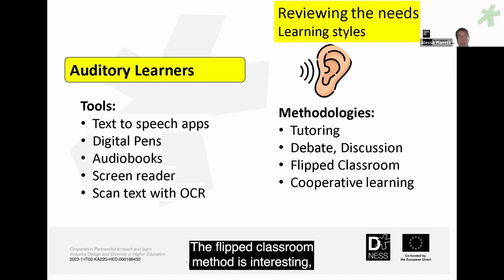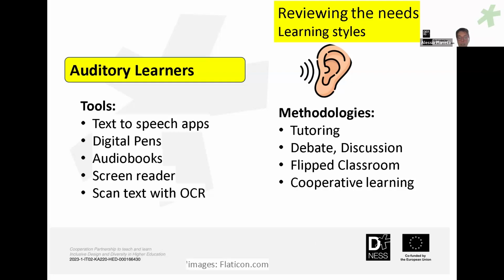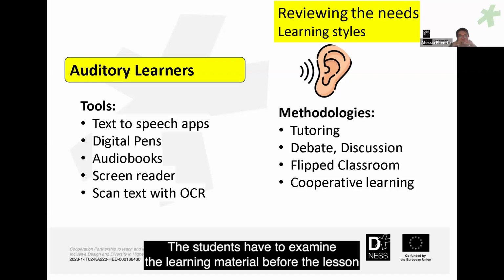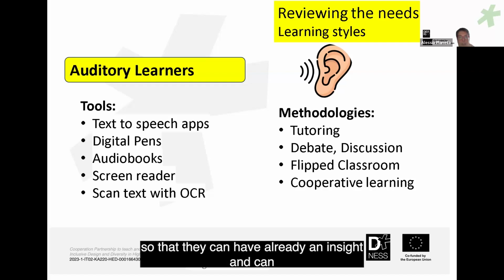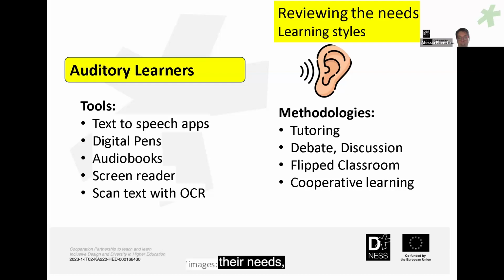The flipped classroom method is interesting, funny, and useful for all the students. It means reading or going through the topic of the lesson earlier. The students have to examine the learning material before the lesson so that they can have already an insight and can balance at home the time and the effort according to their needs.